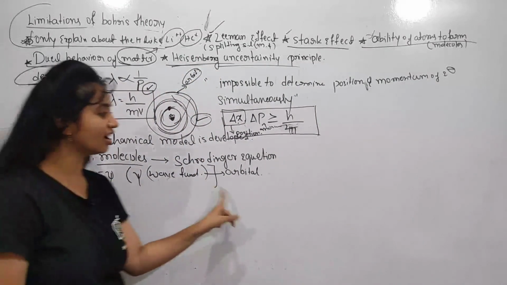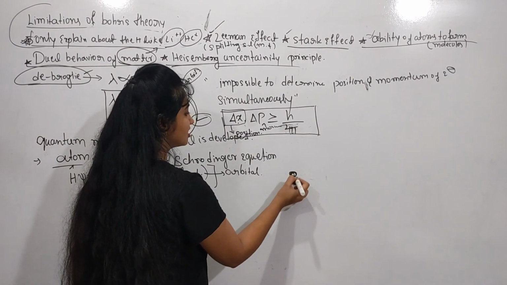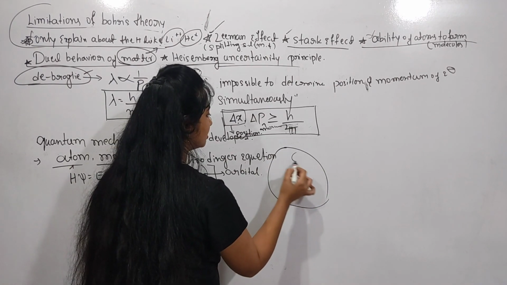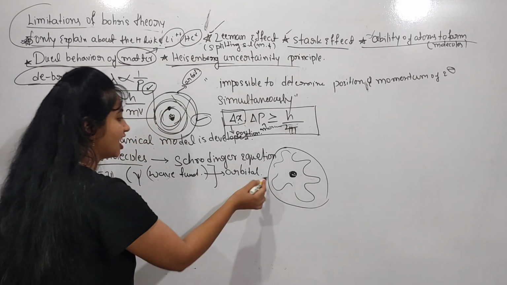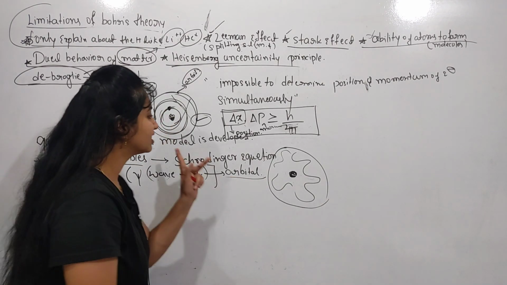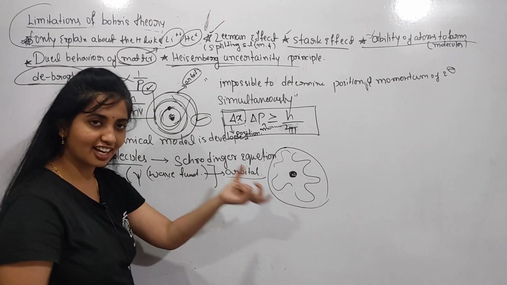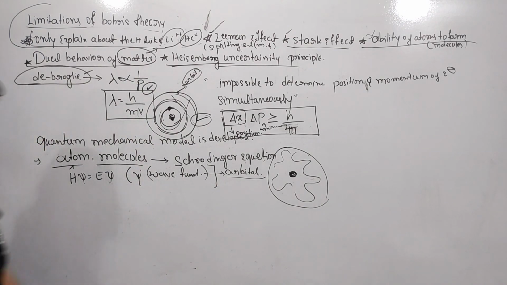So what do you mean by the orbital here? The space surrounded by the nucleus is called an orbital. Orbitals are different in sizes, different in shapes, and different in their energy in different atoms, in different molecules.